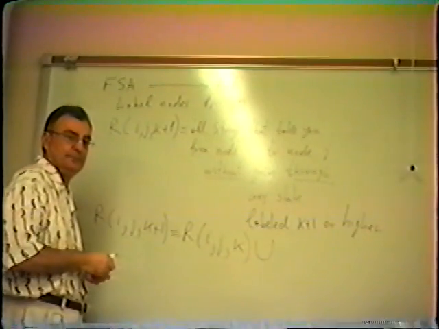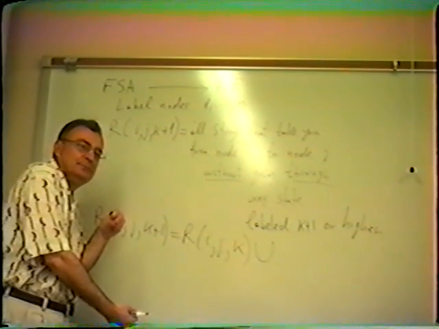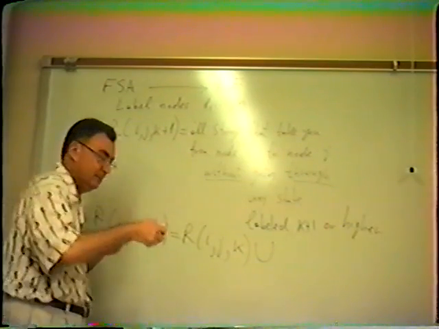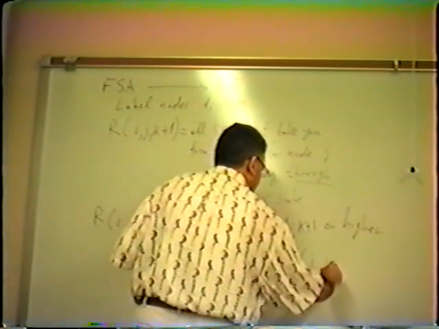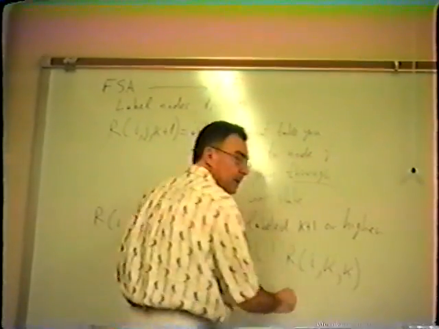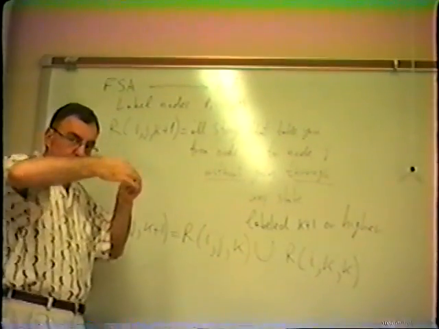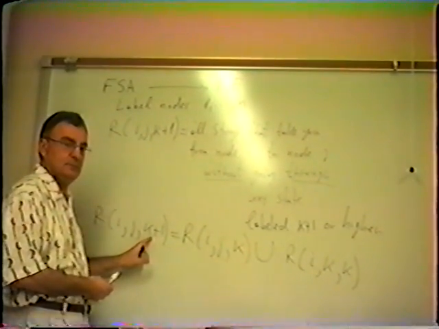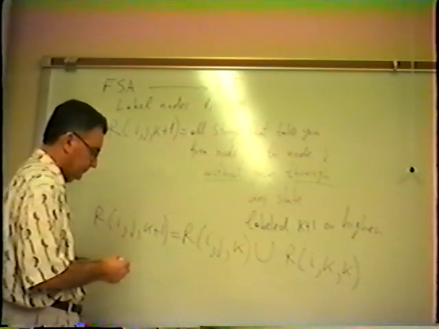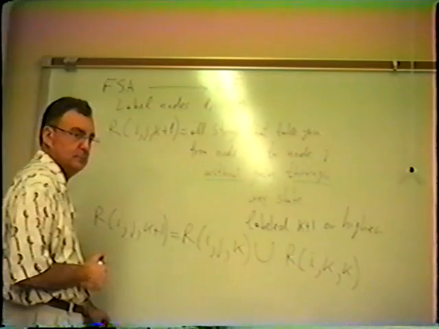Union, all the strings that will get you from i to k without crossing k or higher. K plus 1 or higher? No, k plus 1 is here. In the algorithm you said it's without going to any state labeled k plus 1 or higher. So it can cross through k.